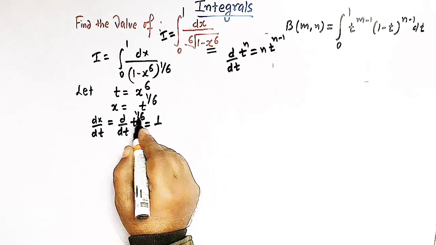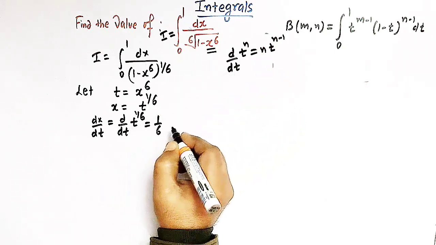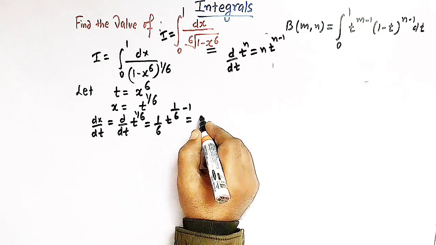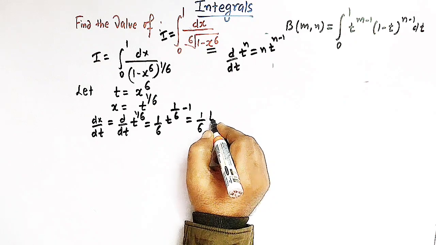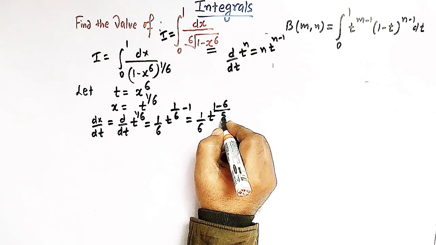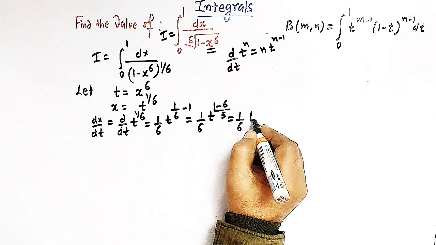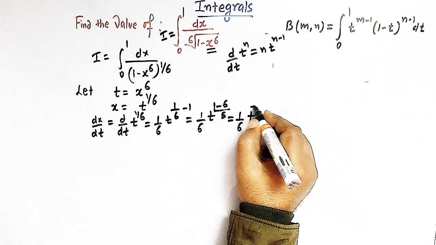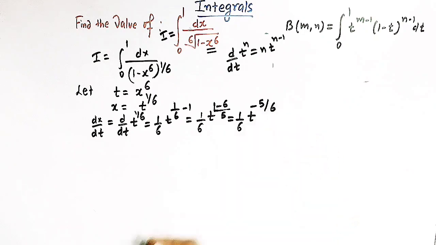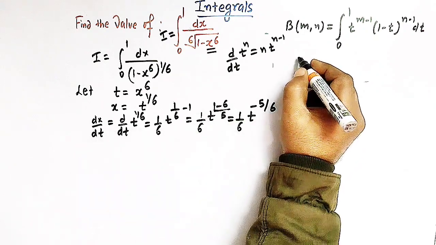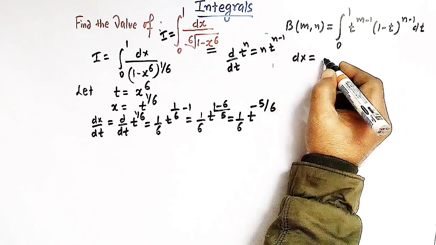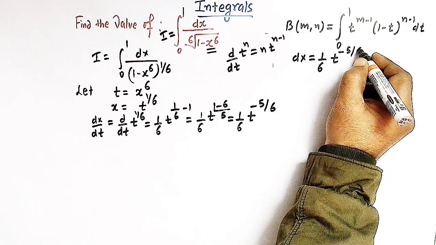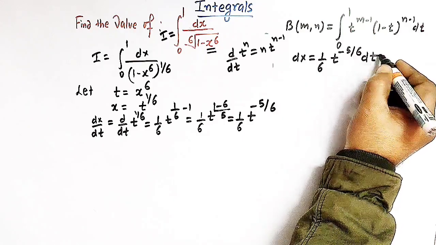So we have n is equal to 1 over 6, so we have 1 over 6, then t raised to 1 over 6 minus 1, that is 1 over 6 times t raised to minus 5 over 6. So now we can write dx is equal to 1 over 6 times t raised to minus 5 over 6, and here we have dt.